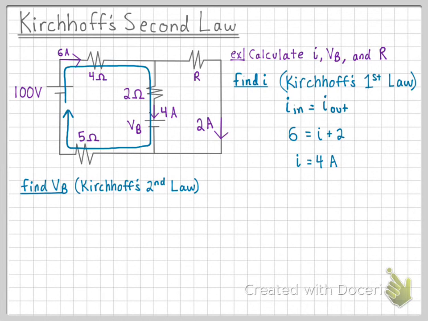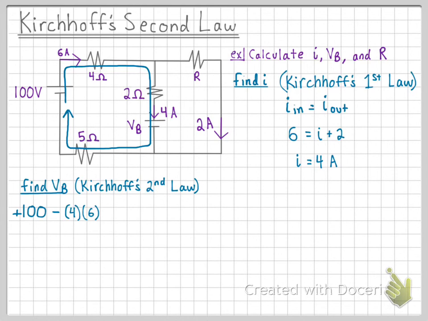So we're going to use this loop right here. We're going to travel from the negative to the positive terminals of the battery, so we will add 100 volts. We're going to go with the current through this 4 ohm resistor, so we're going to subtract the product of the resistance times the current, so 4 times 6.